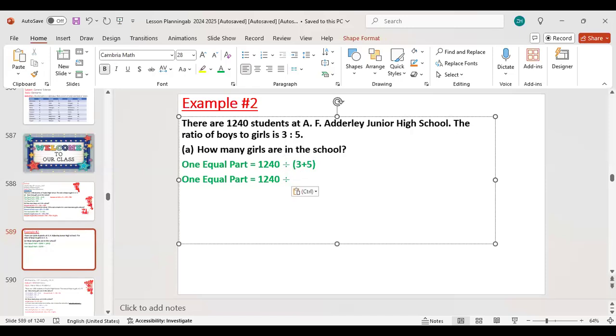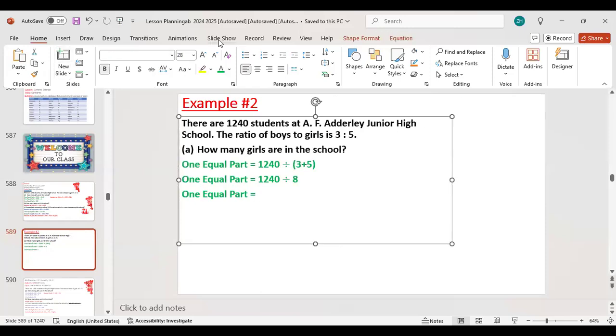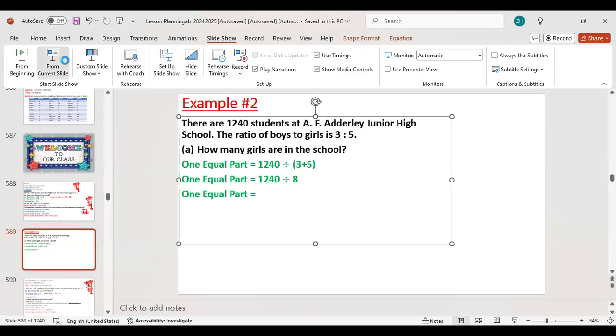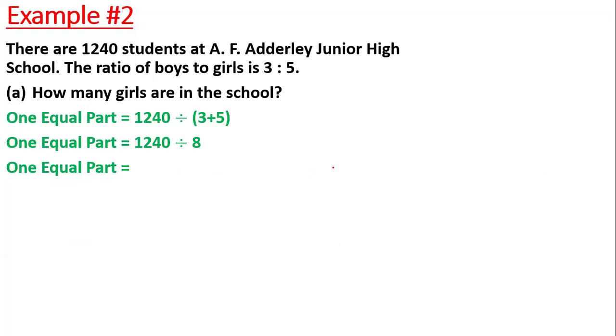Divided by 8. What did y'all get when y'all divided? 155. 1 equal part is going to be equal to 155. Did anyone else get 155? Yes, sir. Okay.